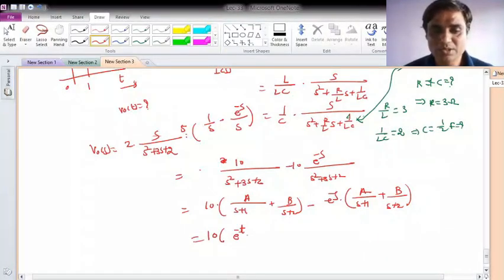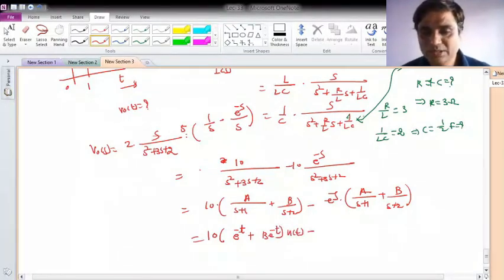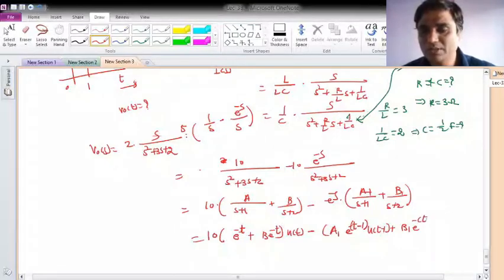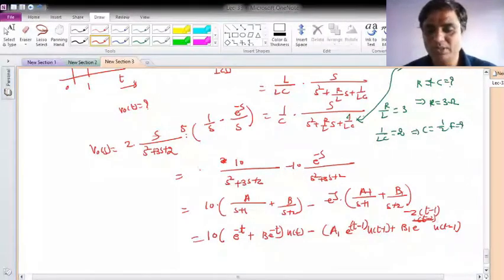So the inverse is a e raised to minus t plus b e raised to minus 2t, into u of t, and this is shifting. So for the second part, it will be a1 e raised to minus (t minus 1) into u of t minus 1, plus b1 e raised to minus 2(t minus 1) into u of t minus 1, which is the shift by 1 towards the right.